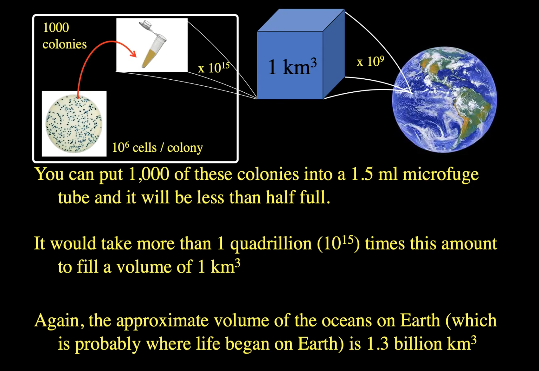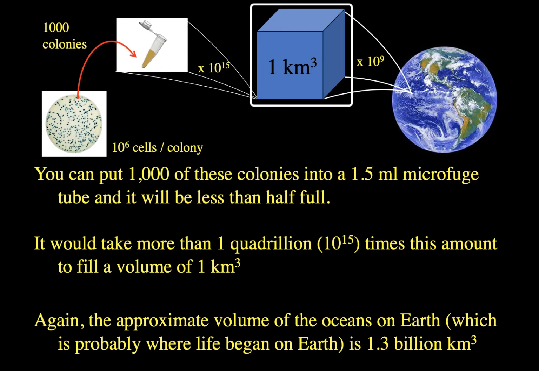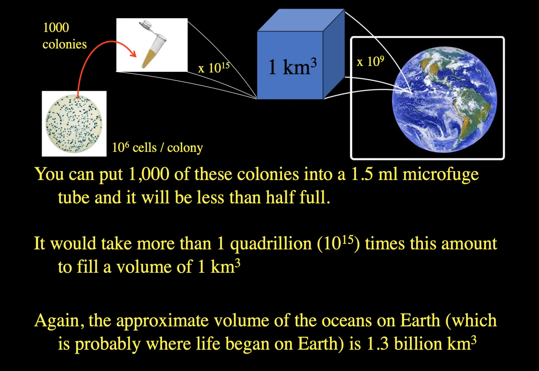Now, if you take 1,000 of those colonies and put them into a little microfuge tube, that would be less than half full. And it would take more than 1 quadrillion times this amount to fill a volume of about 1 cubic kilometer. And then again, the approximate volume of the Earth's oceans is about 1.3 billion cubic kilometers.